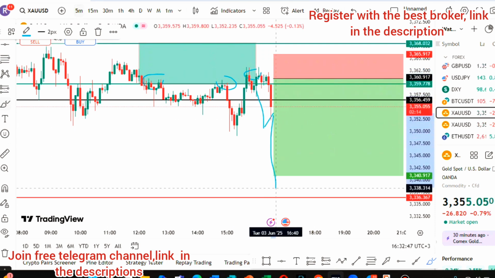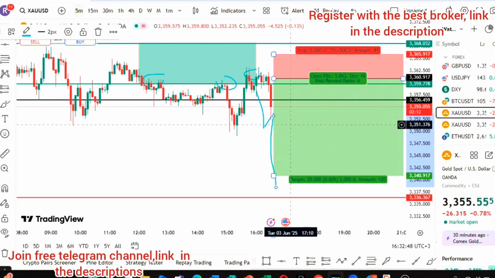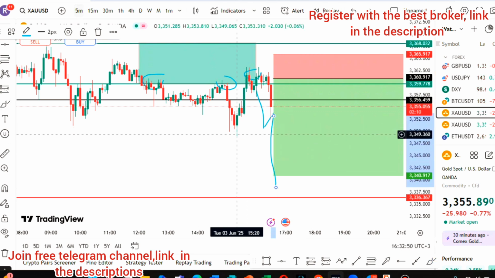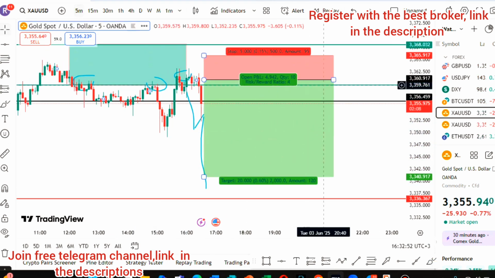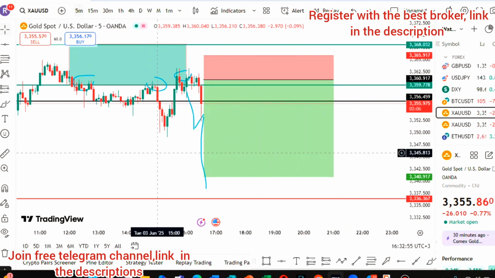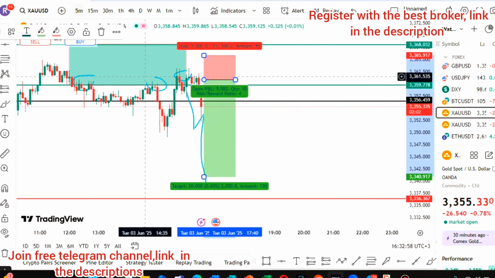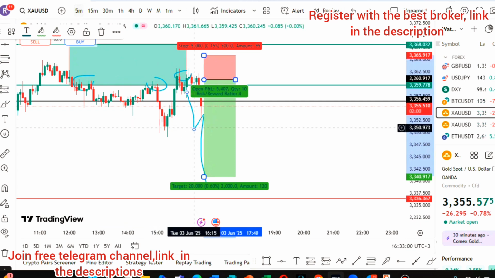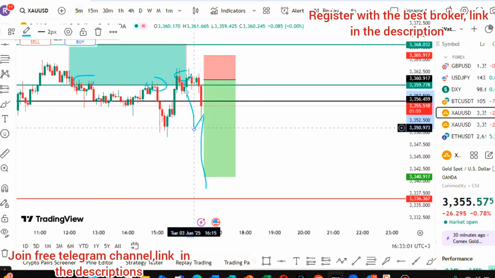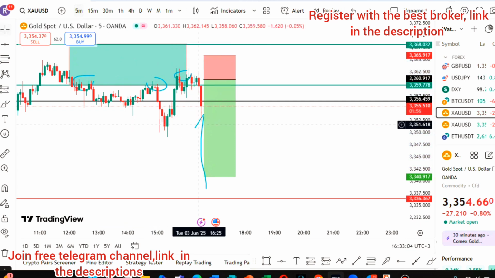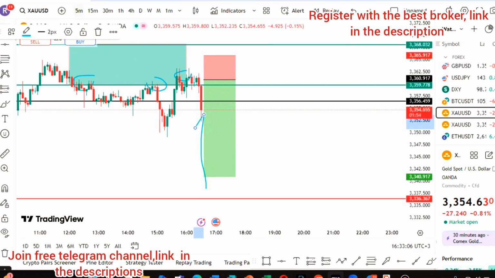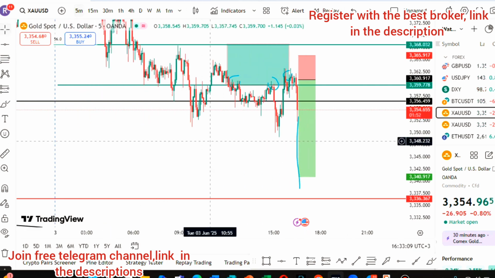That's crazy. I was only targeting 200 pips and risking 50 pips. But today's gold market wasn't good. The market is not moving, guys. So that's all about today's trade.